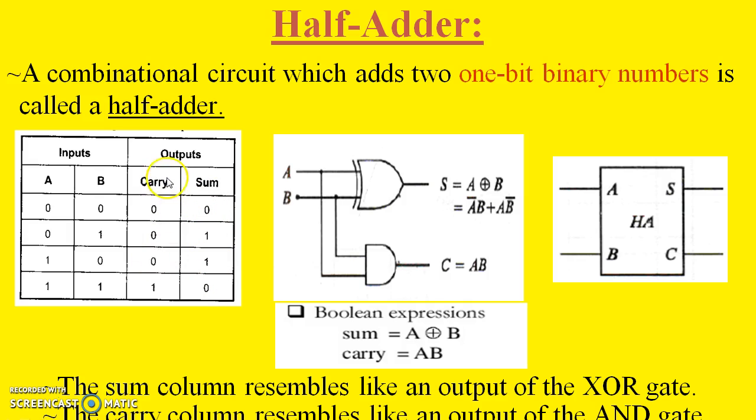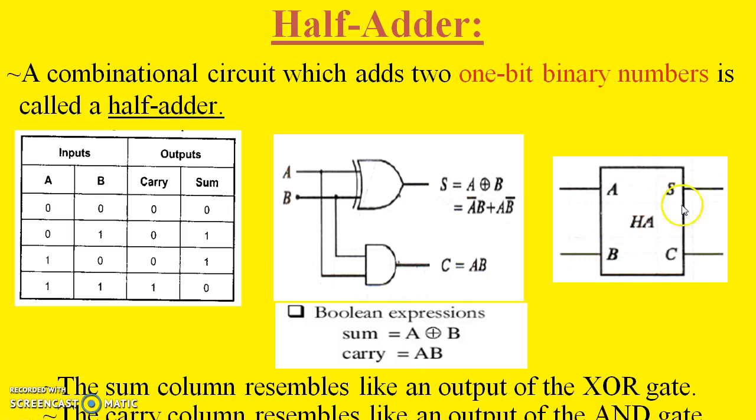And for the carry, just omit the sum and look at this carry out column. What is this? This is basically an AND gate truth table: 0 0 0, 0 1 0, 1 0 0 and 1 1 1. So we can conclude that the sum column resembles the output of an XOR gate, and the carry column resembles the output of an AND gate.